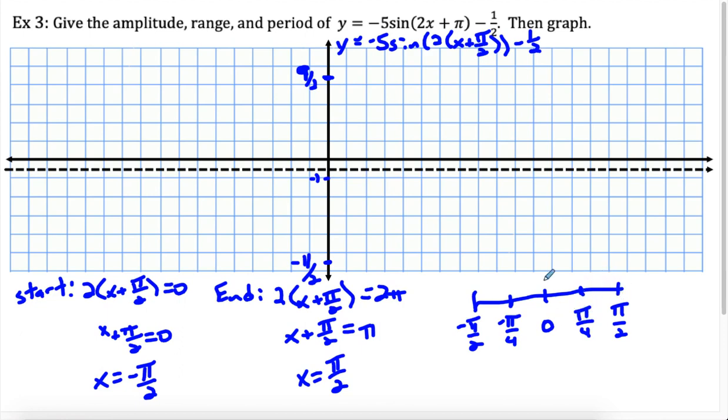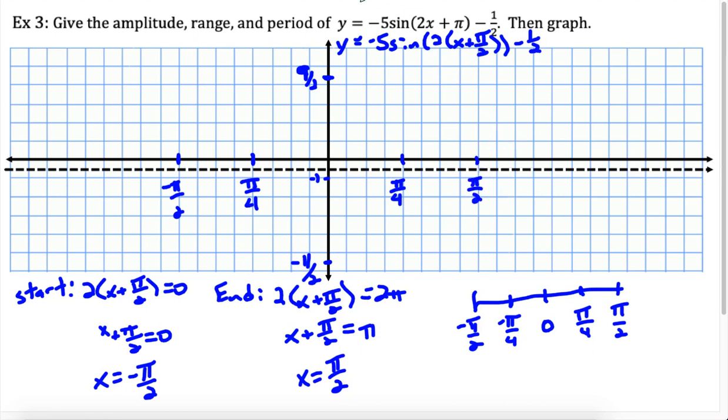We're just taking our endpoints, adding them together, and dividing by 2 to get this value. So these are my key x values. Let's go a distance of 4: -pi over 2, -pi over 4, 0, pi over 4, pi over 2.